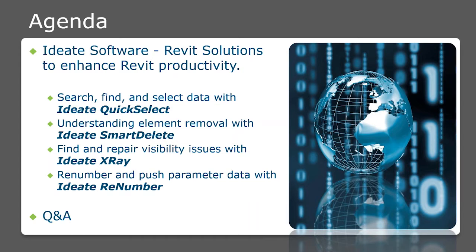Basically, it's a real liability issue in the sense if you don't know what you're actually deleting with the Revit project. And then you're able to find and repair visibility issues with Ideate X-ray, so understanding why something may not display in a particular view in Revit. And then finally, I'm going to talk about Ideate Renumber, which allows you to pretty much renumber almost anything in Revit. It may be lighting fixtures, it may be doors, it may be rooms, as an example. And of course, we're going to have question and answers at the end as well.